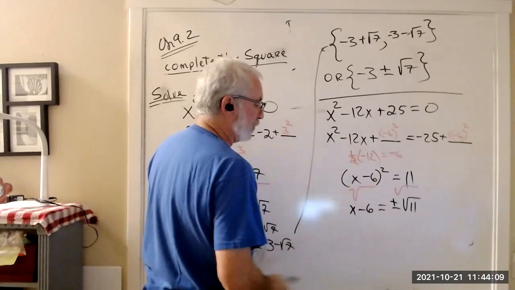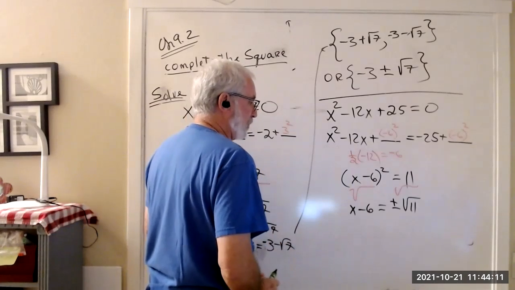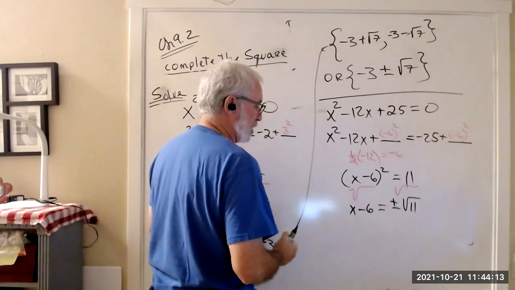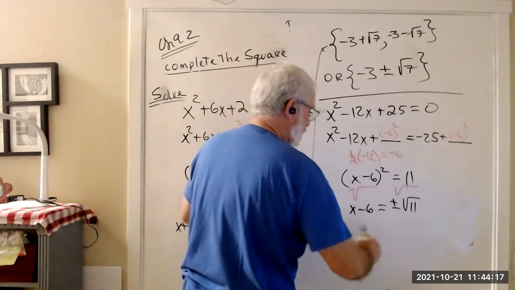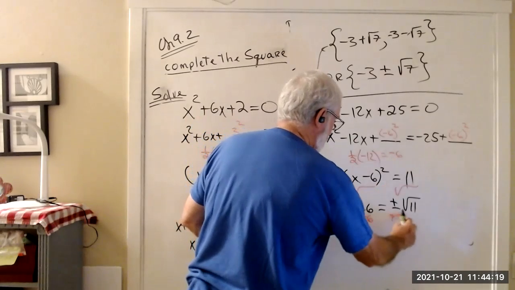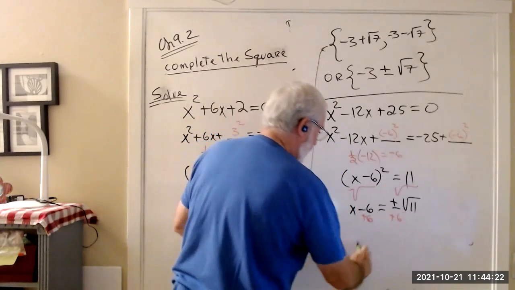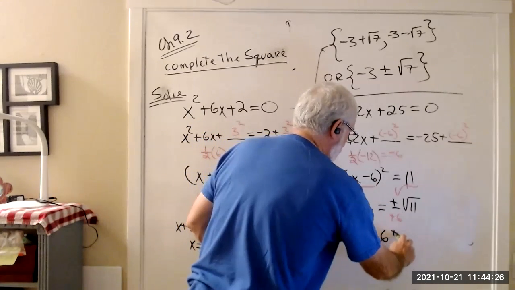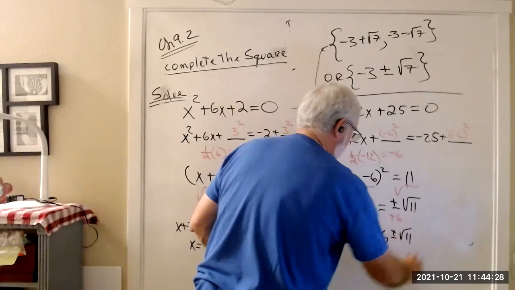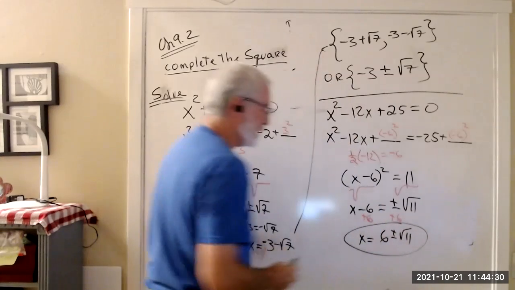I'm going to skip a couple steps, because number one, class is going long, and number two, it's easier. If we add 6 to both sides, we get x equals 6 plus or minus the square root of 11, and that's my solution set, and I'm done.